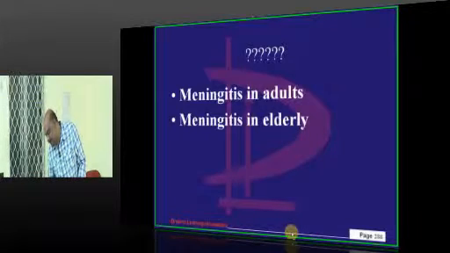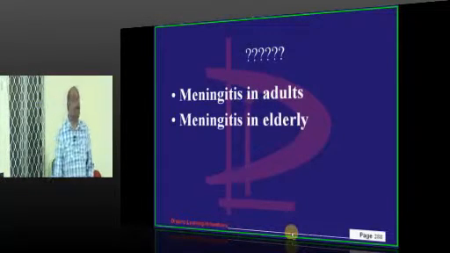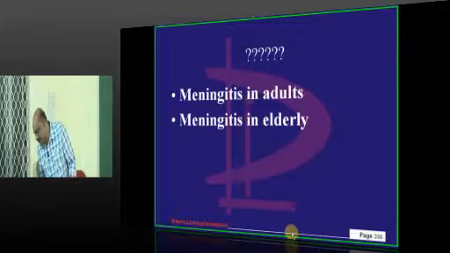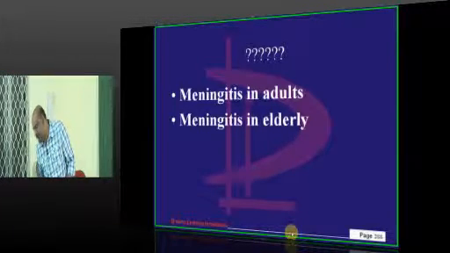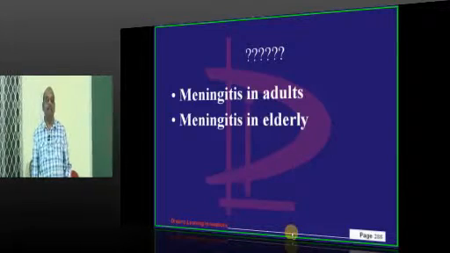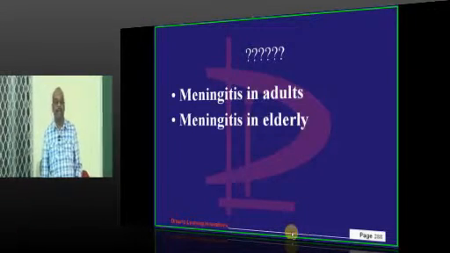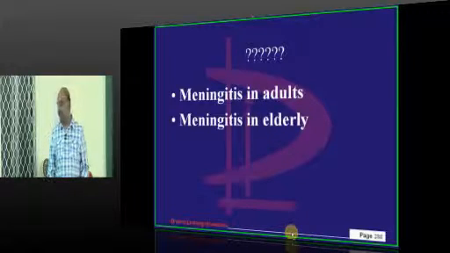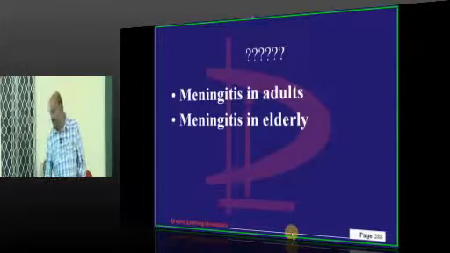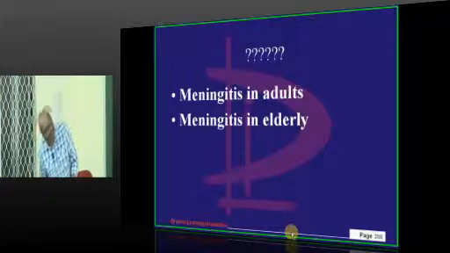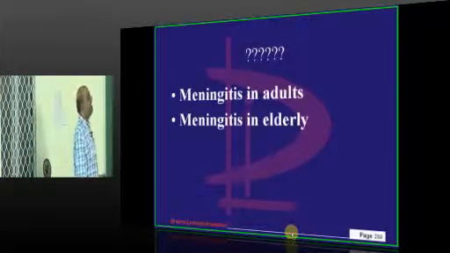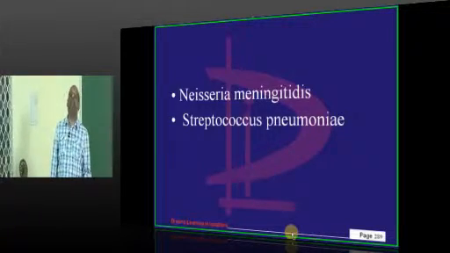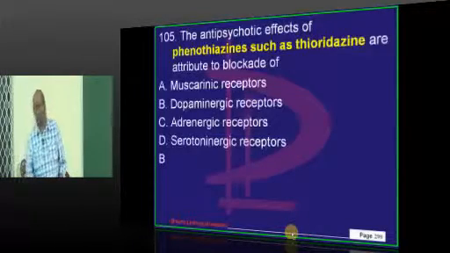Listeria in old people is an answer shot by Amit. Neisseria and Staph aureus is Madhavi. But give me both the correct answers. One correct, one wrong. अरे ये क्या है? Negative marking नहीं है, इसका मतलब ये नहीं है. हाँ? Neisseria adults, Strep elderly is what you are going to ultimately remember.